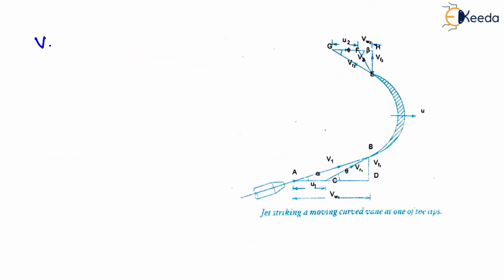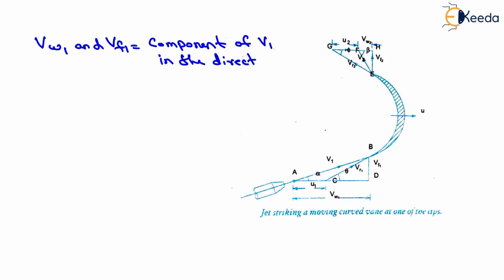Now VW1 and VF1 will be equal to the components of the velocity of the jet V1 in the direction of motion and perpendicular to the direction of motion of the vane respectively. It means that it is the component of V1 in the direction of motion and perpendicular to the direction of motion.